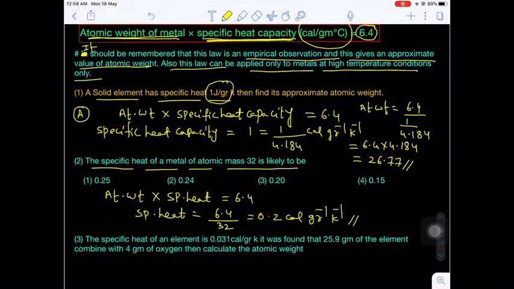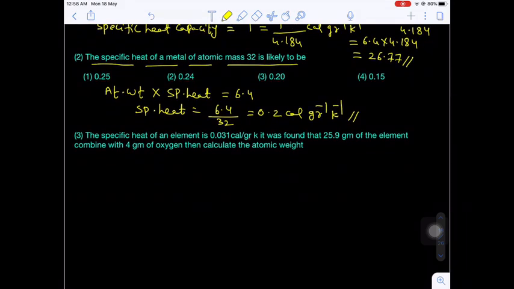Now next problem: the specific heat of an element is 0.031 calorie per gram per Kelvin. It was found that 29.5 grams of the element combine with 4 grams of oxygen. Then calculate the atomic weight.